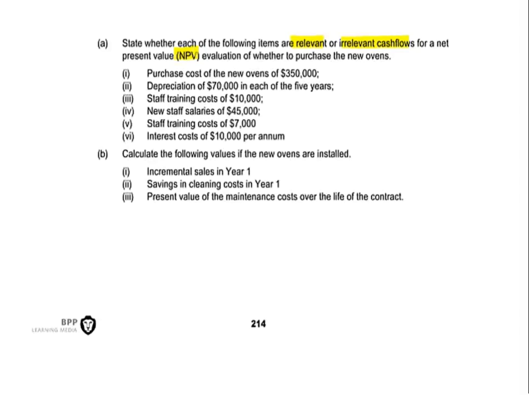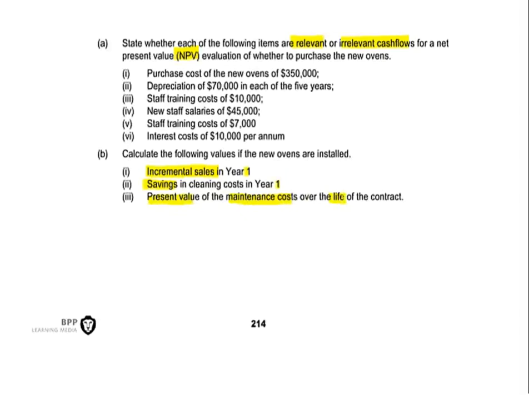We then in part B have to do some calculations to look at calculating incremental sales. Remember, incremental means additional, so we just want the extra sales in year 1. The savings that are going to occur in the cleaning costs in year 1, and the present value of the maintenance costs for the entire life of the contract.